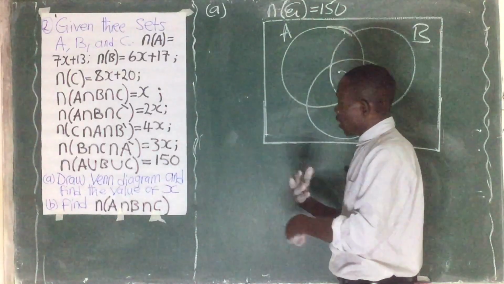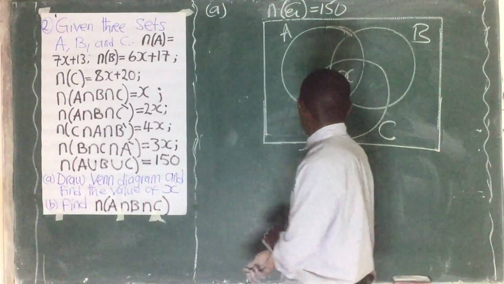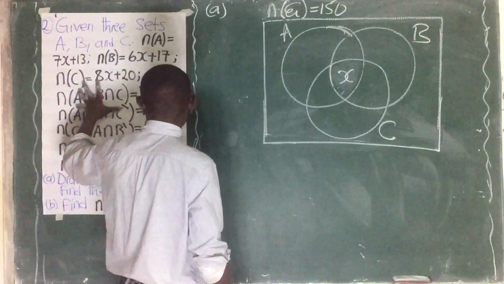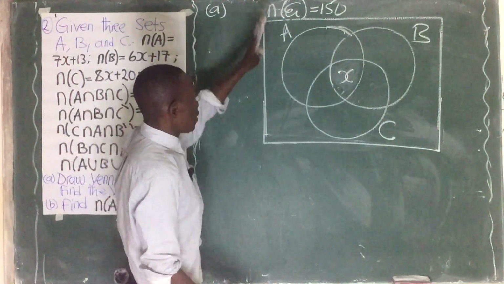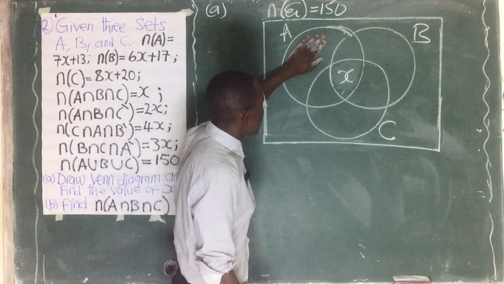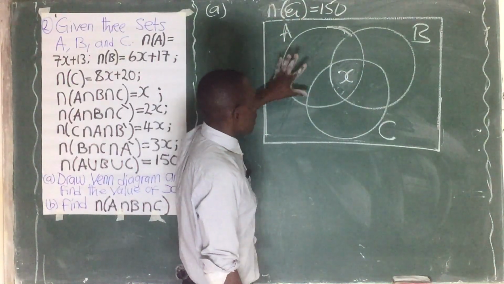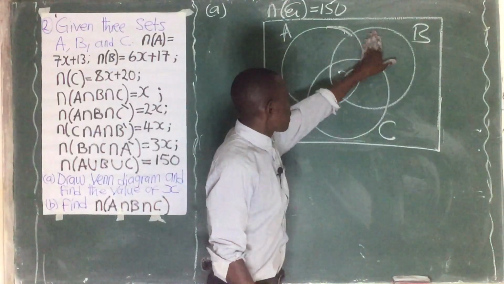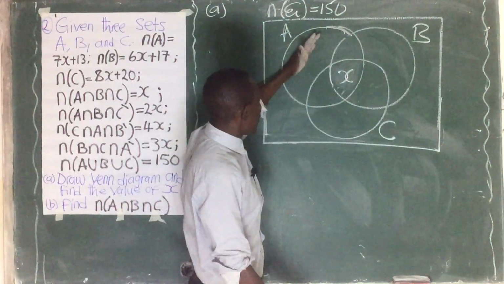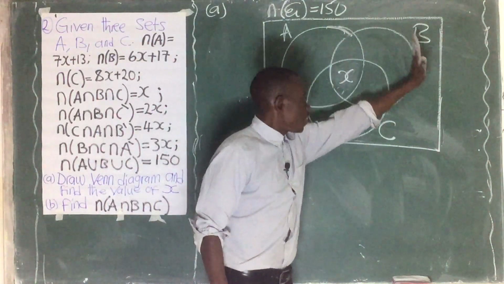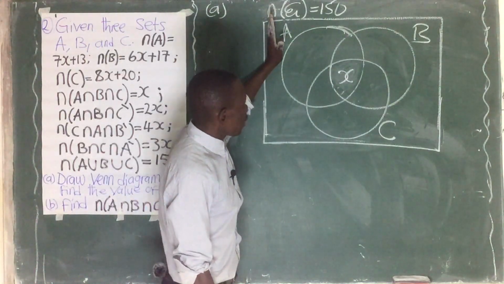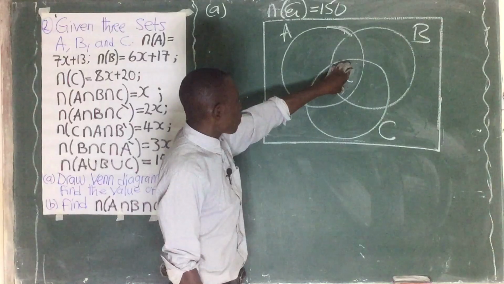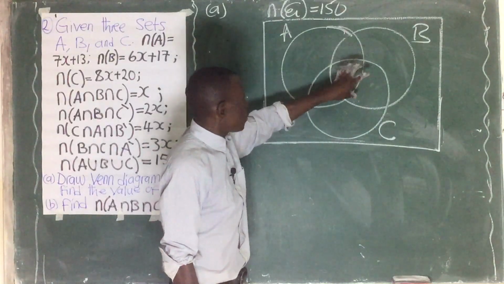So let us now discuss how we can fix in these values for the particular minor sets of the entire set. Each of these is a subset of the entire set, because as you can see there are several spaces: this outside space, A only, B only, C only. The outside is just none of the 3 sets, and the big part in the middle is what is contained in all 3.